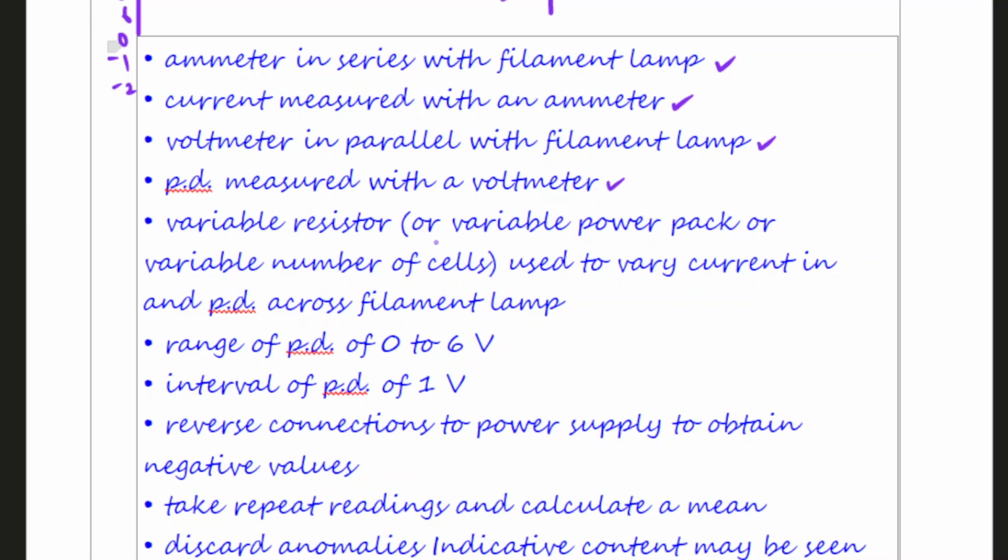The variable resistor is used to vary the current and potential difference across the filament lamp. The range of potential difference should be from 0 to 6 volts because that's what the graph says, in intervals of 1 volt because it's going every other volt. And reverse the connections to the power supply to obtain the negative values.